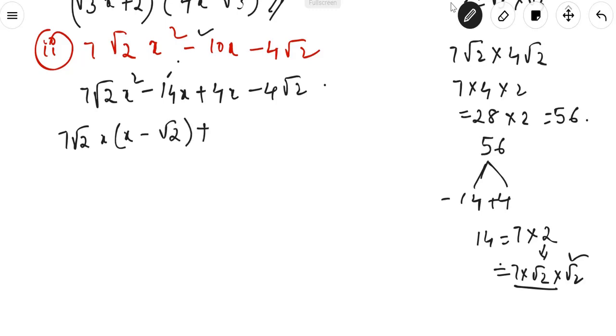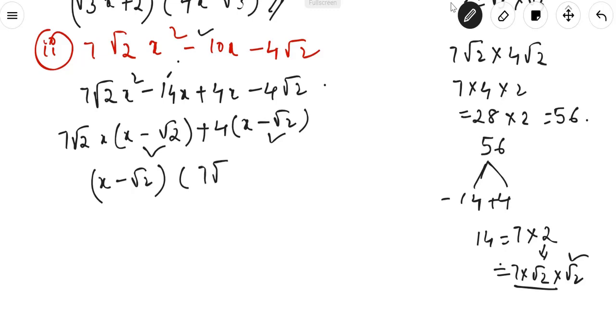Okay, so plus, I will take 4 outside, so what is left? X minus root 2. So this one and this one are common, so what I'm going to get here is x minus root 2 into 7 root 2 plus 4.